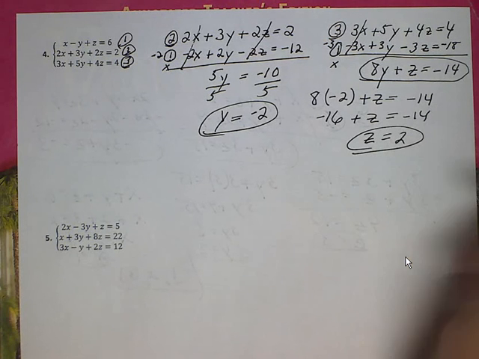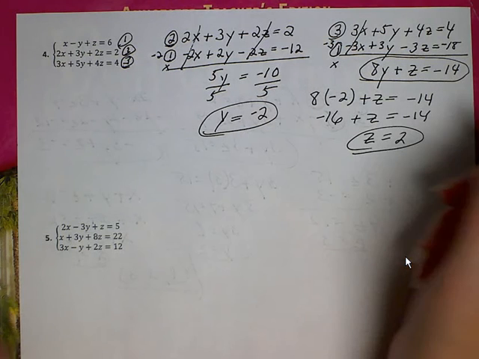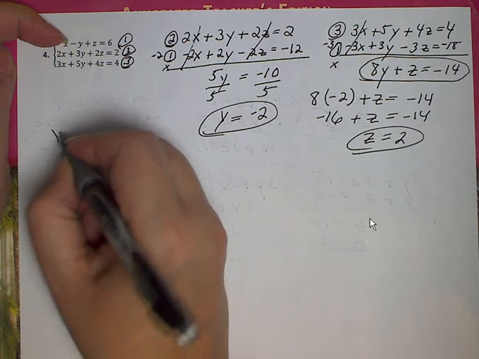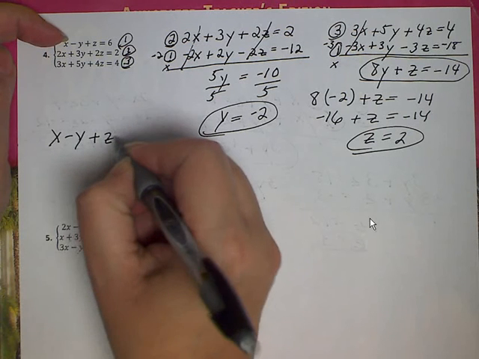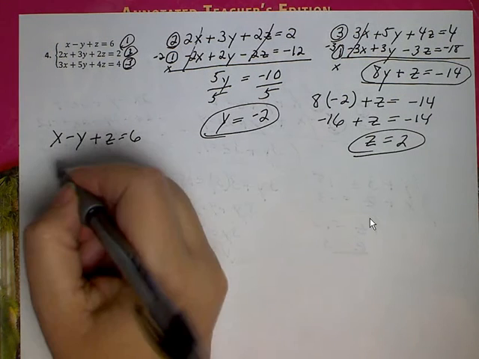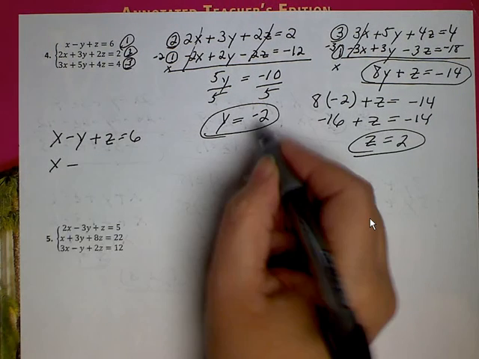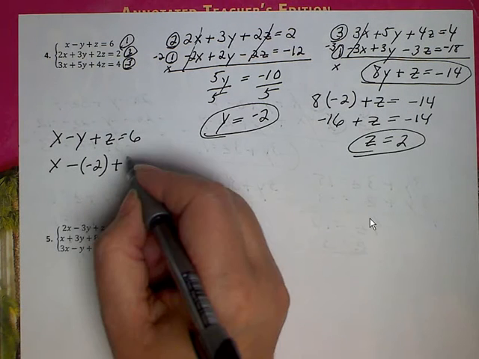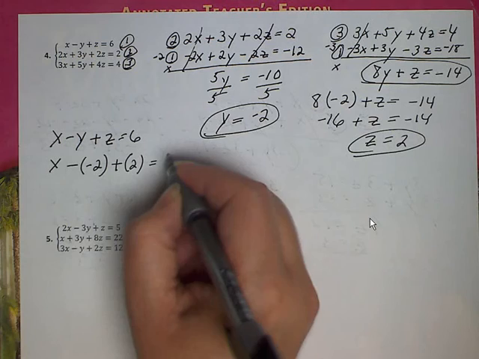I have z, I have y, I need x. I'm going to use the top one for x. So x minus y plus z is equal to 6. I don't know what x is, but I know that y is a negative 2, plus my z is 2, is equal to 6.